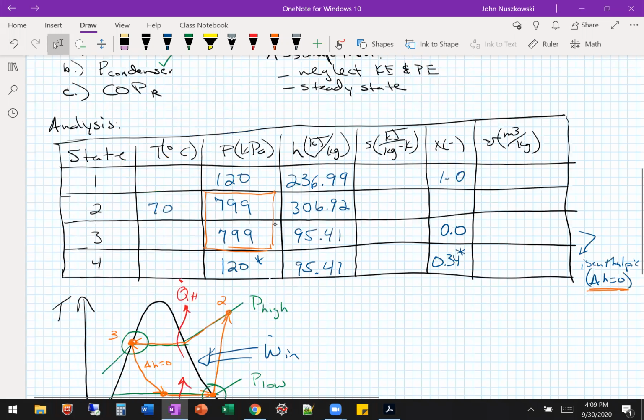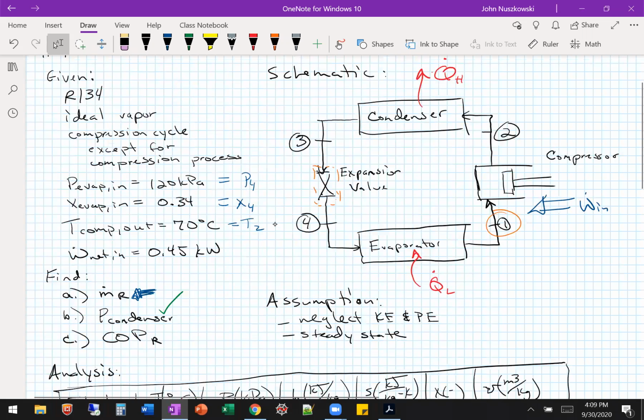So mass flow rate, right? It's a rate, and this is SI units, so we have kilograms per second. So we need something with a rate. We have a given work in, here's kilojoules per second or kilowatts.